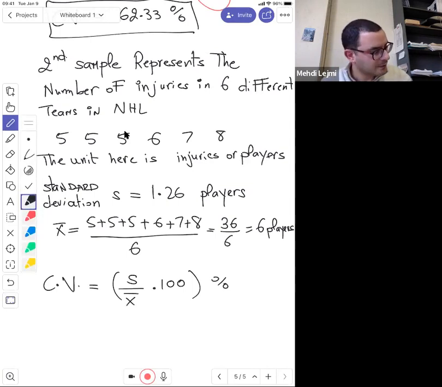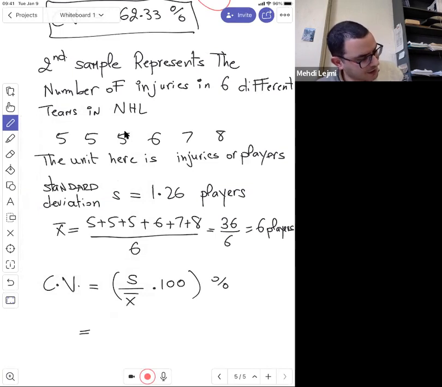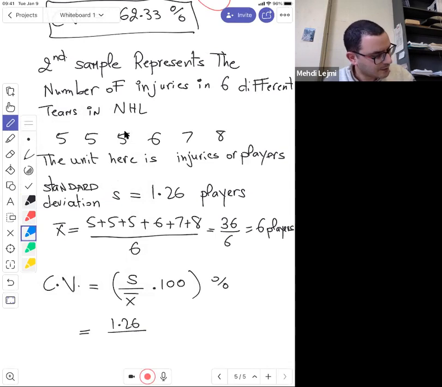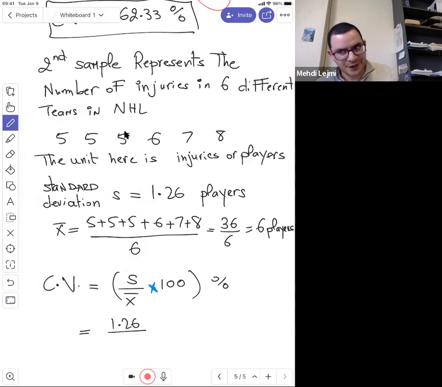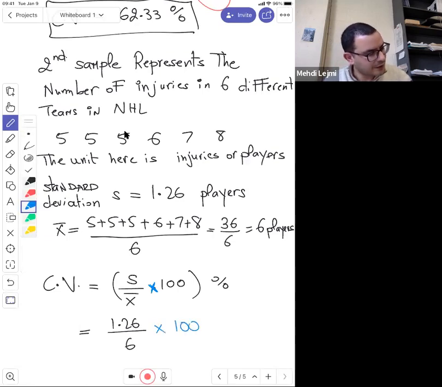In this example, S is 1.26 over 6, multiplied by 100.